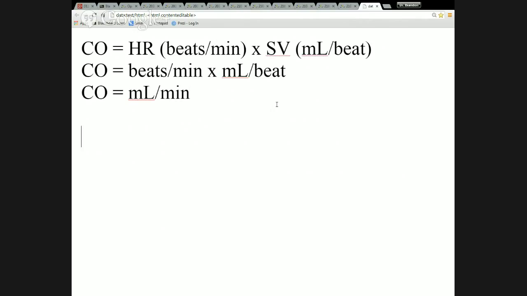If we consider some traditional numbers, the resting heart rate is usually around 75 beats per minute, and stroke volume, a normal value for that would be 70 milliliters per beat. Okay. And so what's that product going to be?